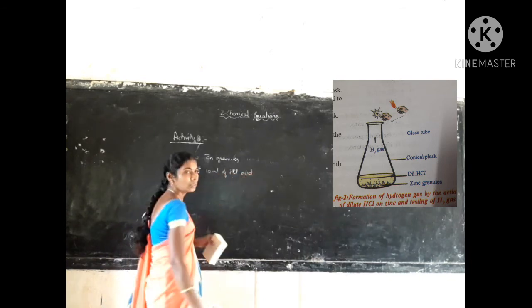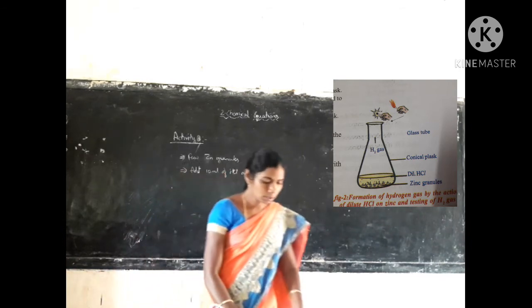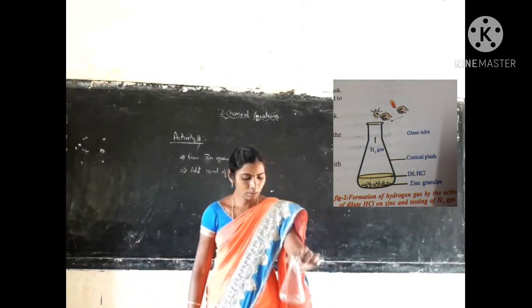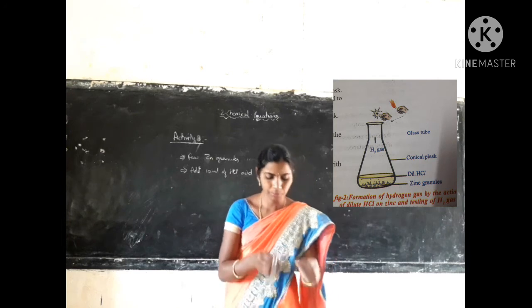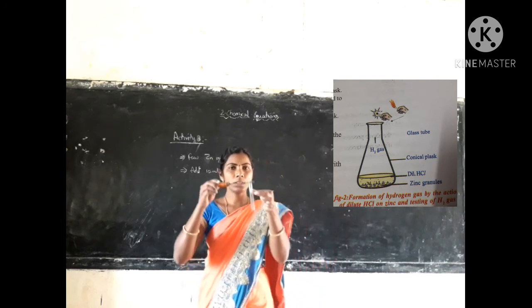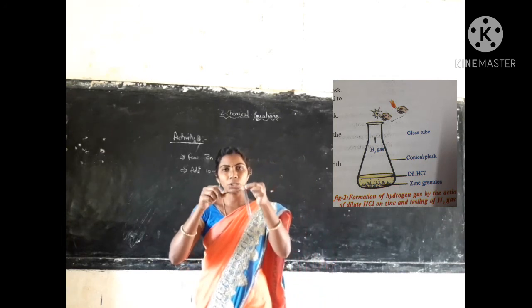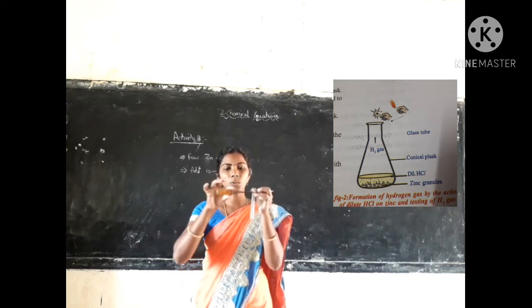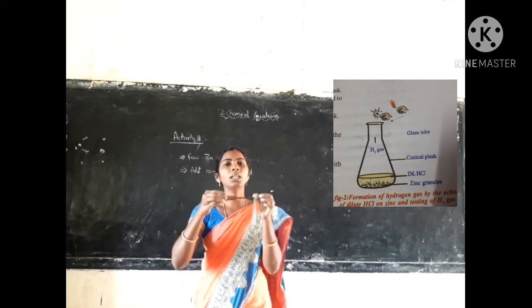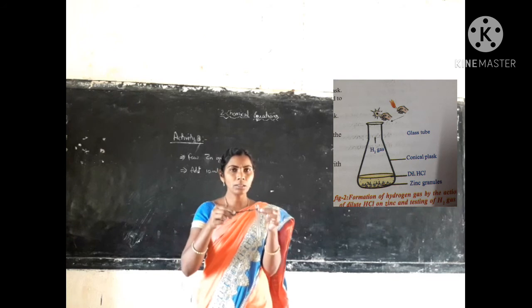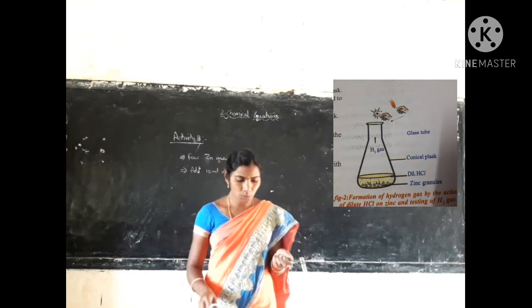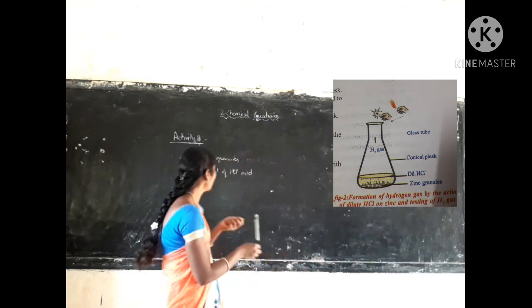What will happen? Let us see. See here, I am taking a test tube. This tube is called a test tube, and this handle is called a holder. So I am taking the test tube with the help of this holder.